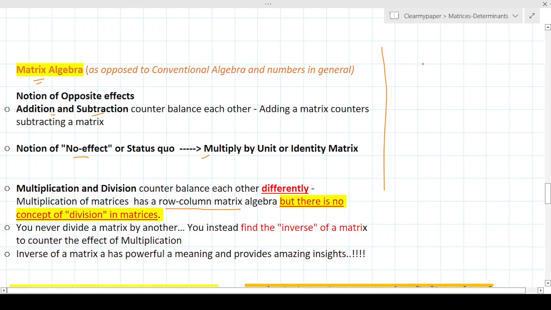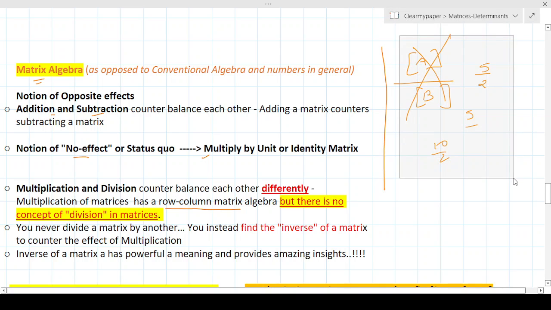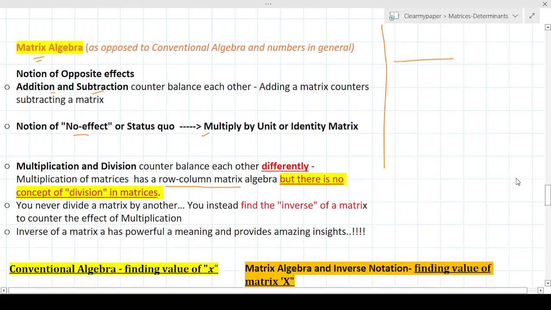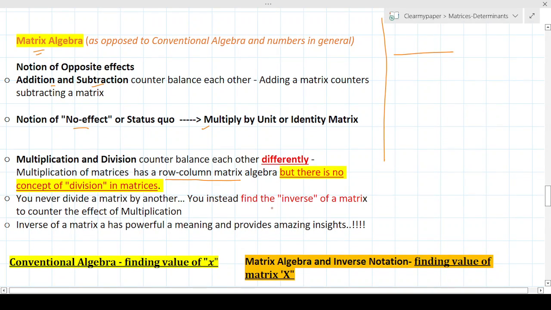We normally don't say matrix A divided by matrix B. That does not exist in the world of matrix algebra, but it still exists in the world of numbers, where we say 5 by 2 or 10 by 2. So how do we think about that particular void? The void is filled by the inverse of a matrix.